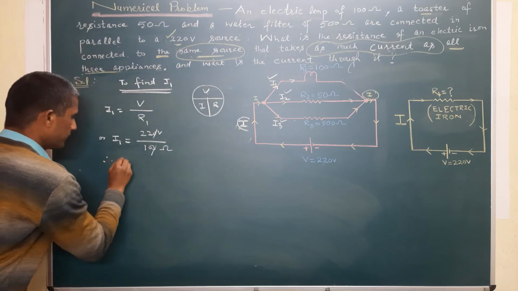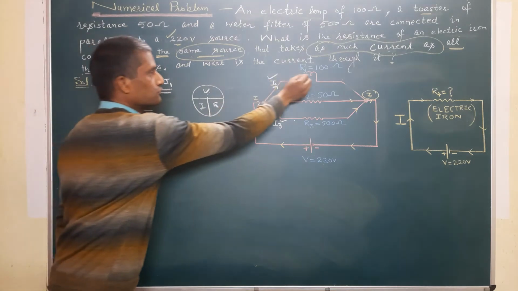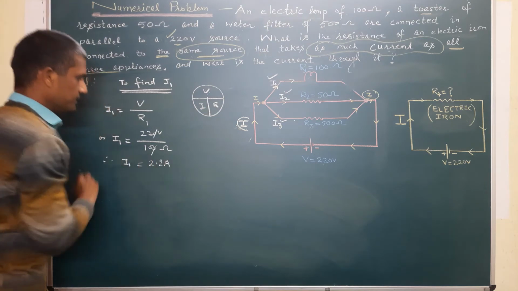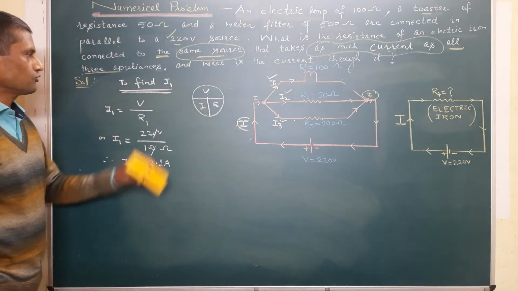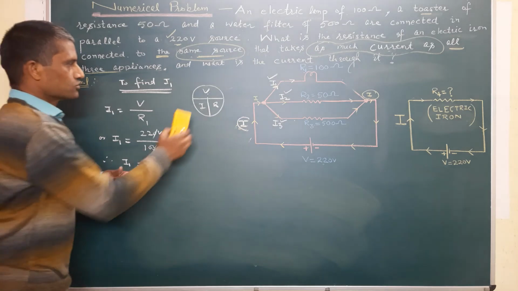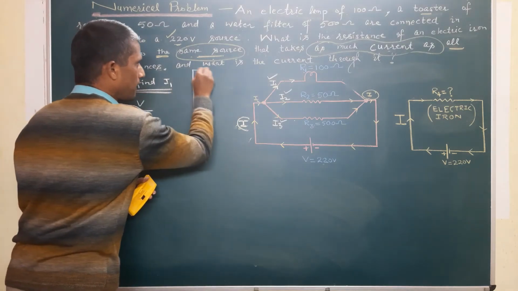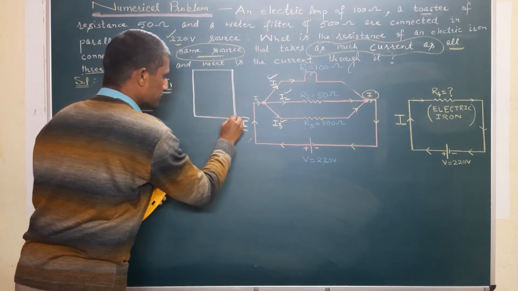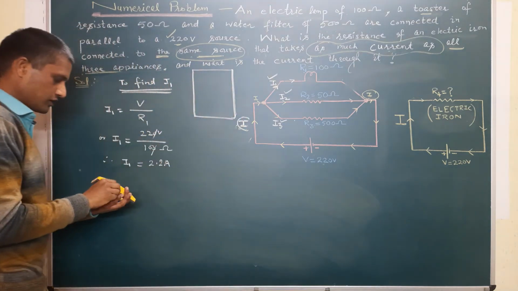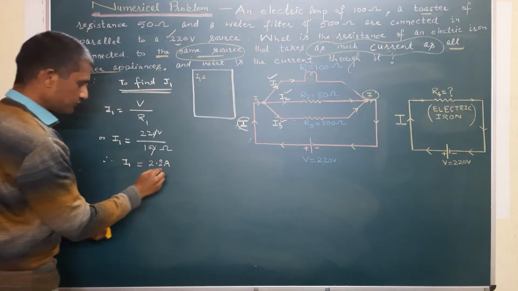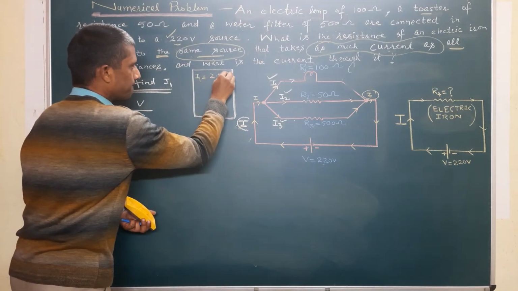Therefore the current I1 flowing through R1 is equal to 2.2 ampere. We keep it here for further use: I1 is equal to 2.2 ampere.